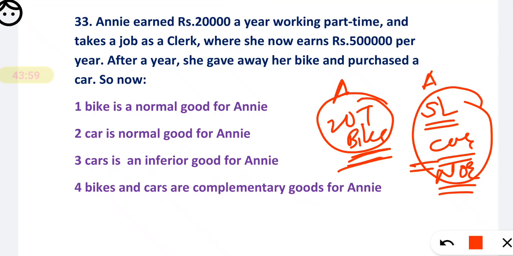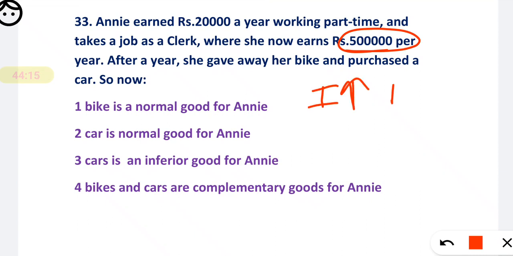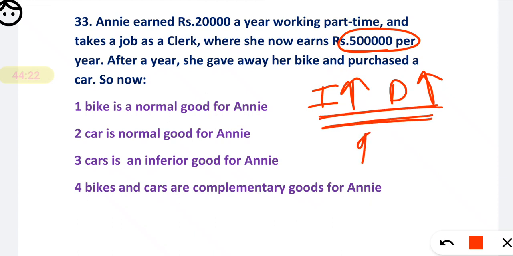Bike will be an inferior good to her if she has more income. So in this fashion you can remember. What I have to convey is, if your income increases, then your buying capacity increases and definitely your demand will increase. In such cases, the goods are called normal goods.